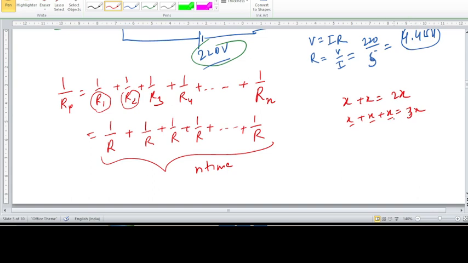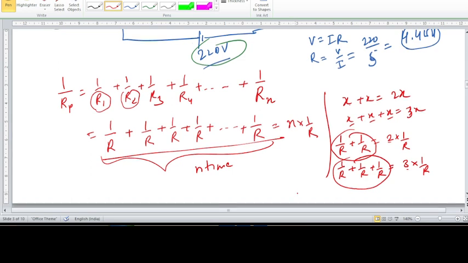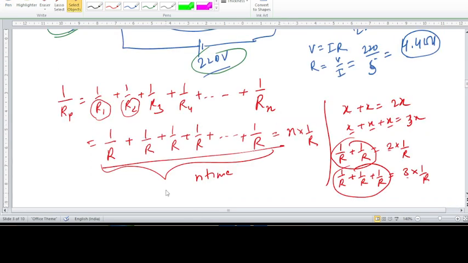In the same way, 1 by R plus 1 by R will be 2 into 1 by R. Similarly, 1 by R plus 1 by R plus 1 by R, 3 times, will be 3 into 1 by R. If it is n times, it will be n into 1 by R. So this is the total resistance of the combination.